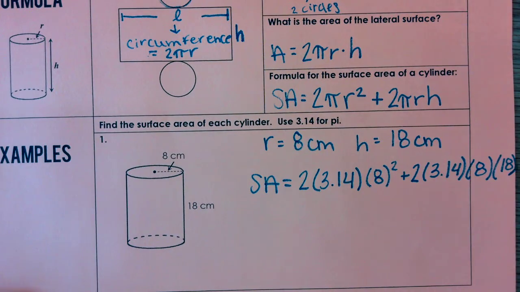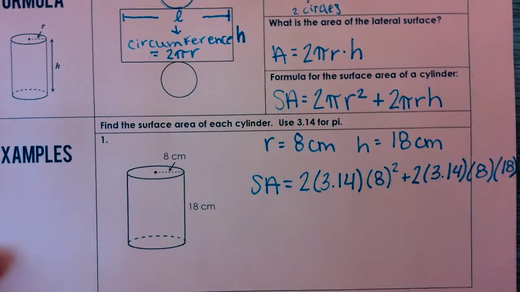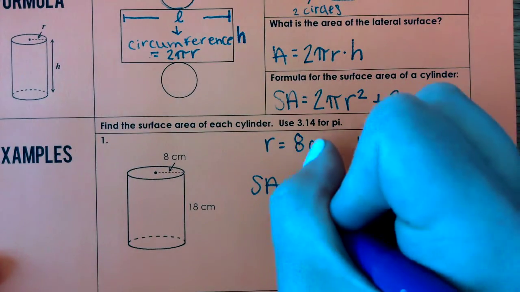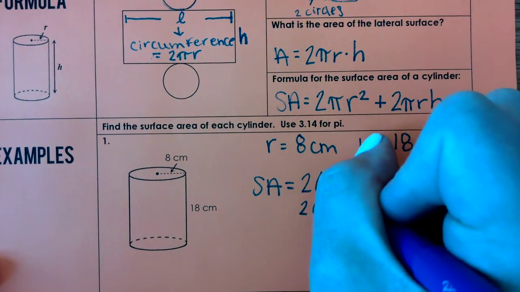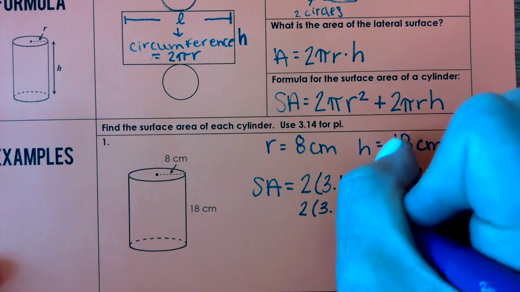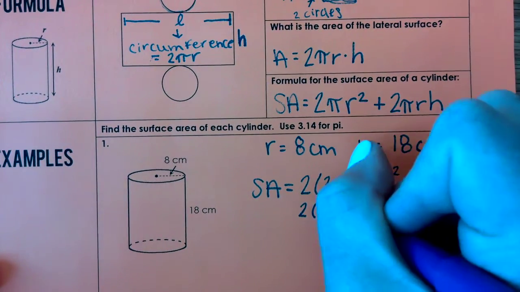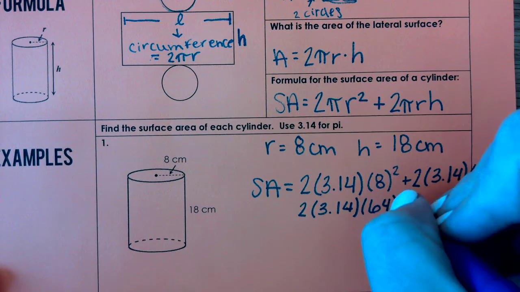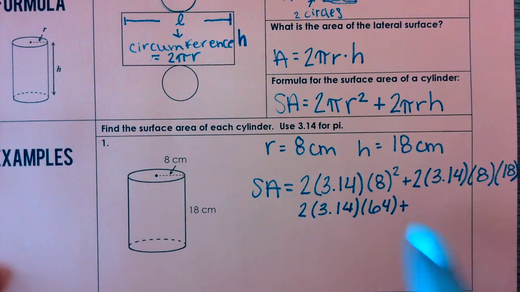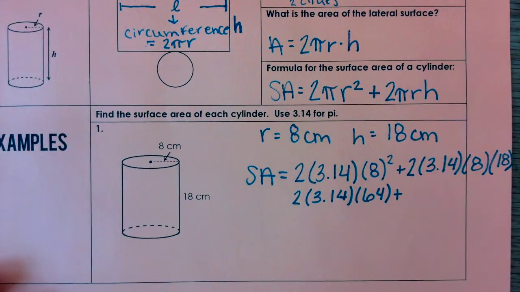First I take 2 times 3.14 times 64, because 8 squared is 64, and multiply those three numbers together.